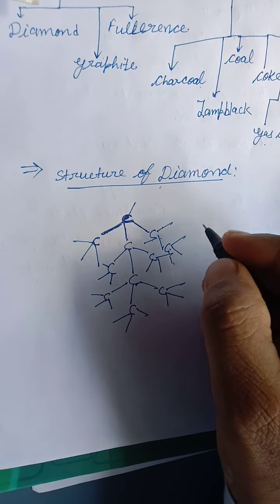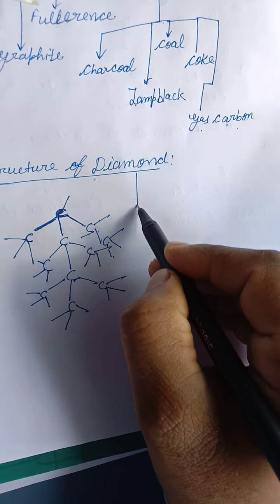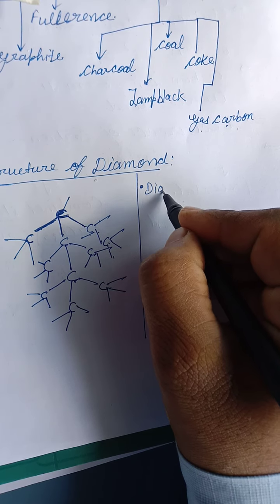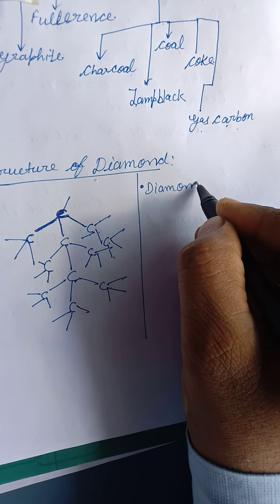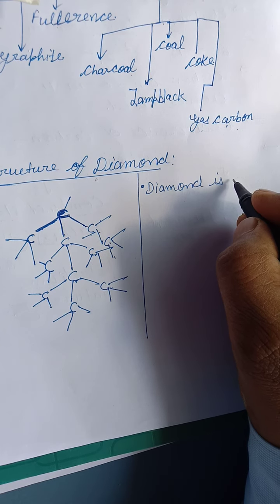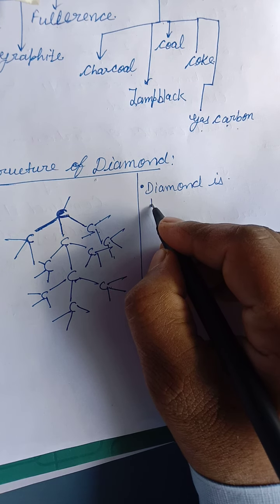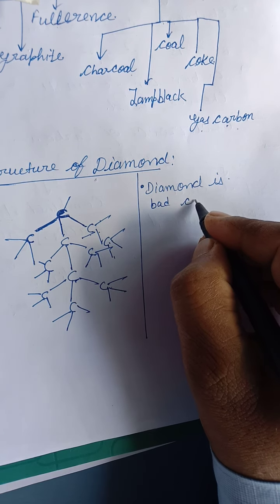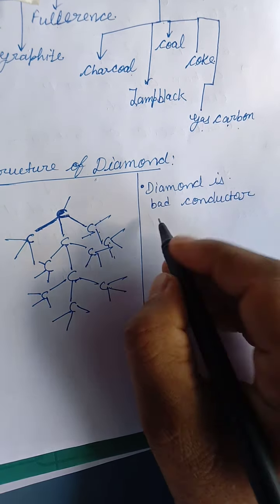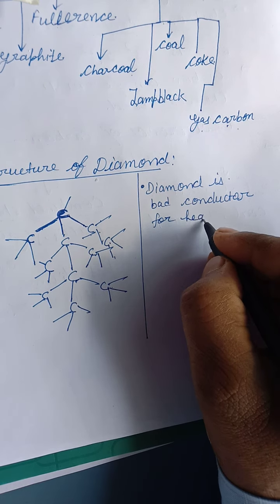Since all the 4 valence electrons of carbon are occupied in the bond formation, that is why diamond is a bad conductor for heat and electricity.